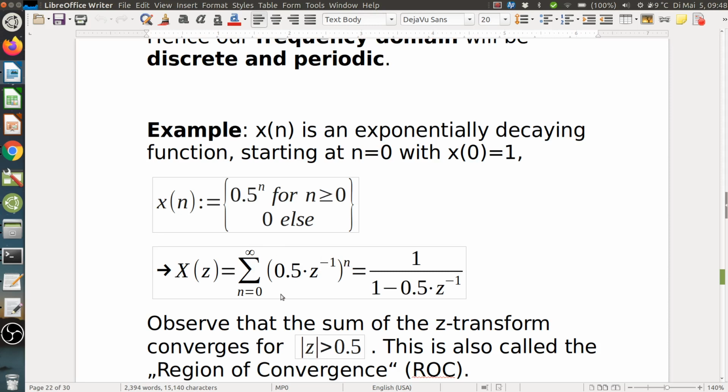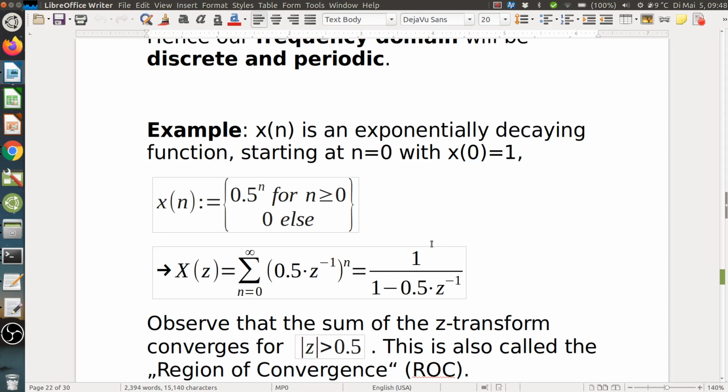So this now becomes our Z transform. And when we look at the sum here, this is a so-called geometric sum, and it has a closed form solution if this summand converges. So if this goes to 0 for large n, then we have a converging sum. And this is the case as long as 0.5 times z to the minus 1 is smaller than 1.